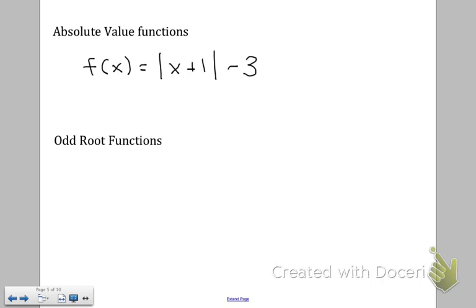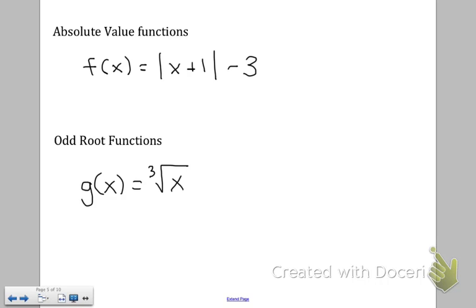The same is also true with odd root functions. So for example, if I had g of x equals the cube root of x, that would also have a domain of all reals. No matter what real number I plug in for x, I'm going to get out a real number for my output.